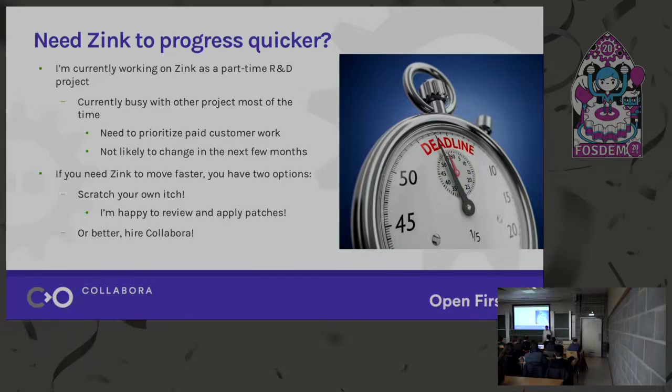This is going to be the case for some months going forward. But if you need Zink to move faster, I think there's two options. You can either work on it yourself, or you could hire Collabora to work on it for you. I think we're at the point where, to move this faster and more robustly, we need to find some paying customers or something to spend some proper time on it.